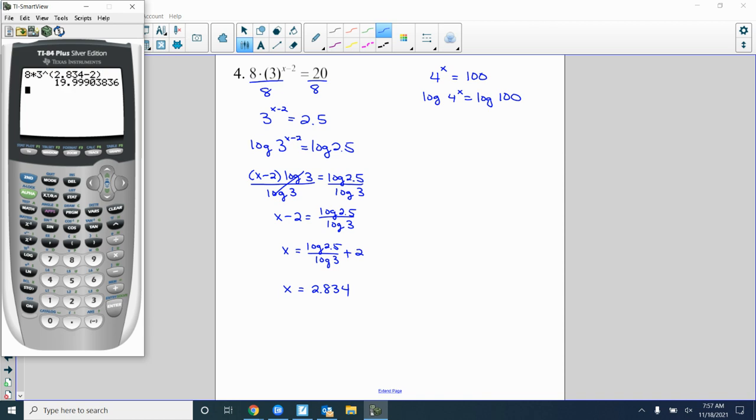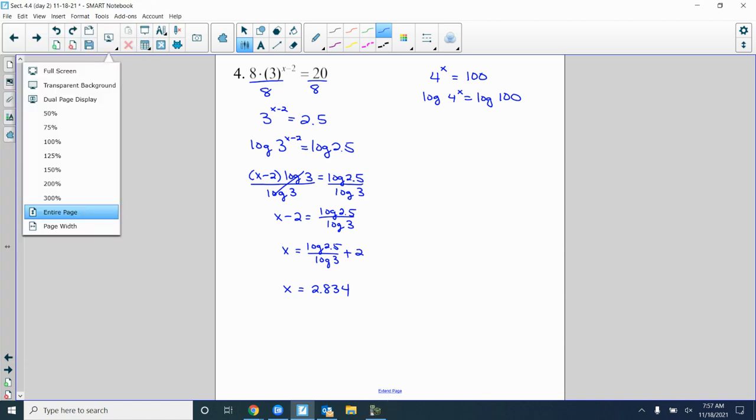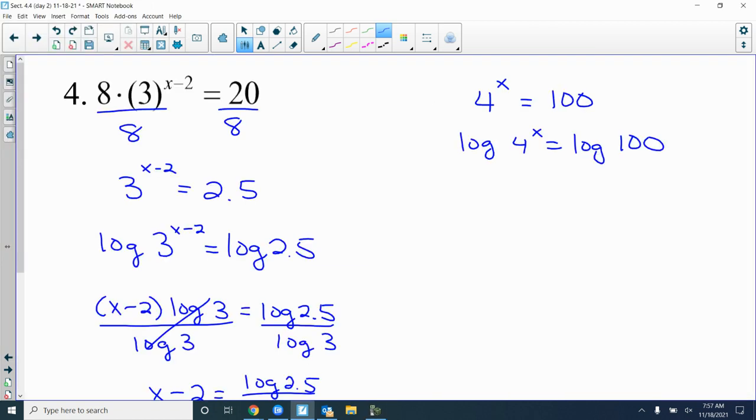All right, 19.99999. It's not going to be exactly 20 because we rounded it off. So that lets me know I'm correct. So 2.834, plug that in, gives me close to 20.